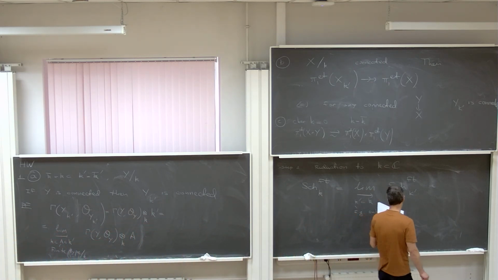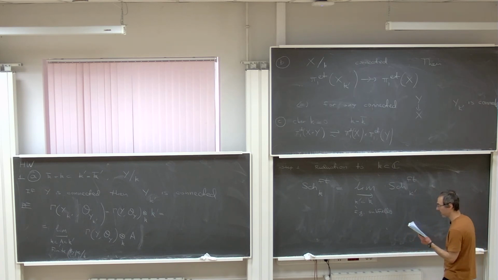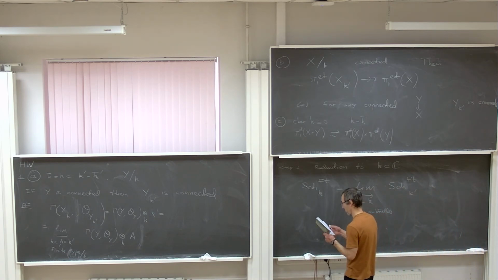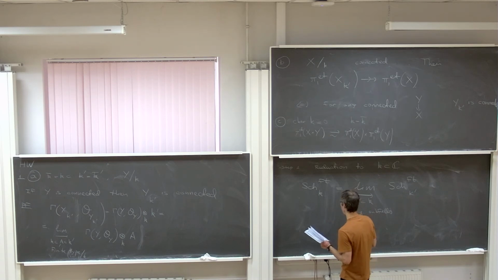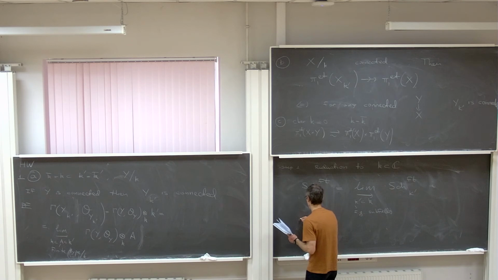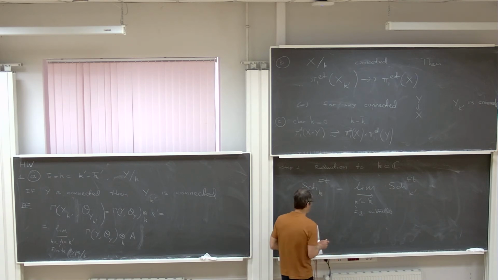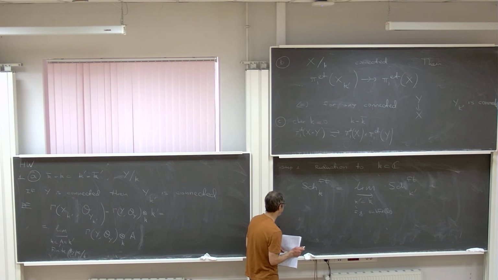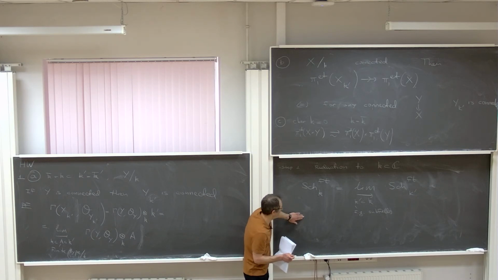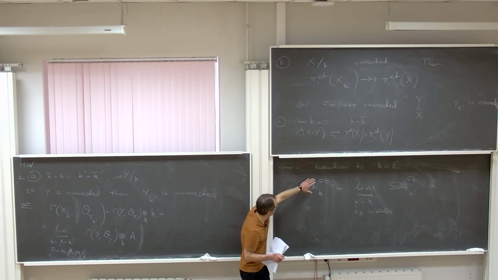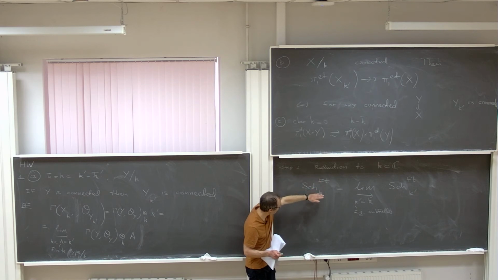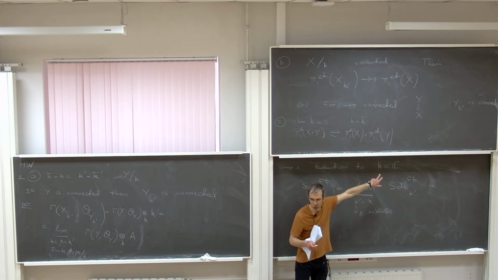So, okay, and using this fact, you can conclude that pi 1, so let's see here. So this fact reduces the proof to the case of finitely generated subfields.